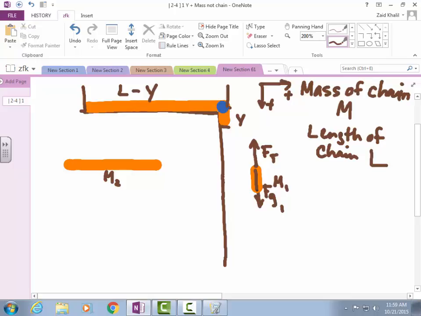So here's Ft, and then there's, of course, Fn and Fg2. And notice, what can we say about the vertical forces? Do the vertical forces matter? Why? No, no, no. I can't stress this enough.